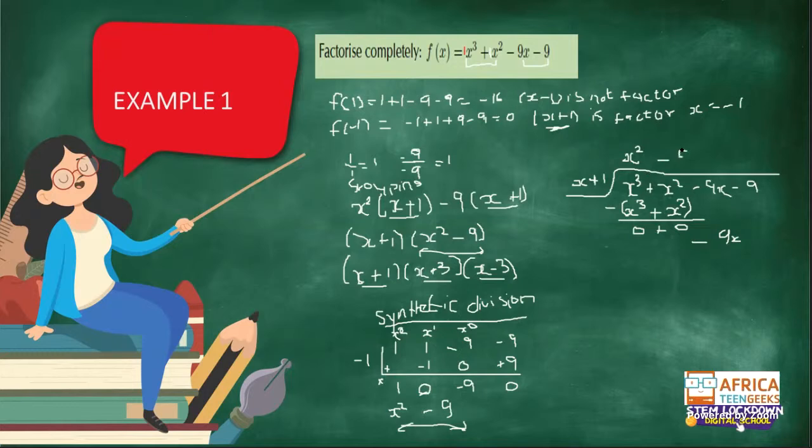And then you'll have negative 9 times your x, which is negative 9x. And then negative 9 times positive 1, which is negative 9.